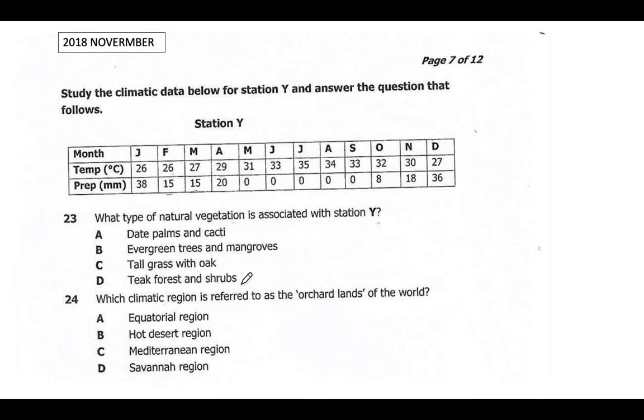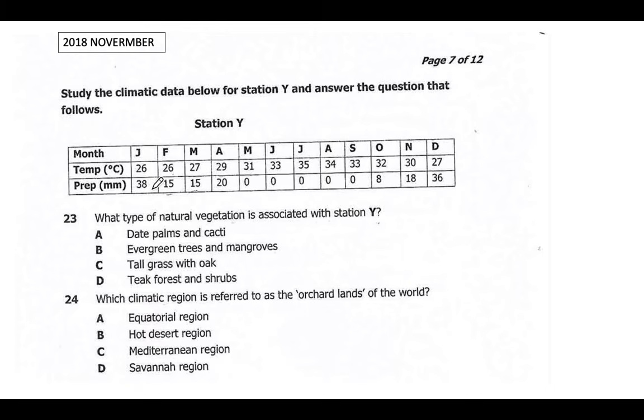Let's try to see this particular temperature range. Study the climatic data. So this is 2018. Study the climatic data below for station Y, and answer the questions that follow. So we have station Y, we have month, and then we have temperature, and then we have precipitation. Now we have to know this type of data.